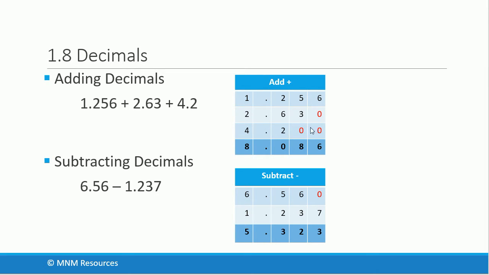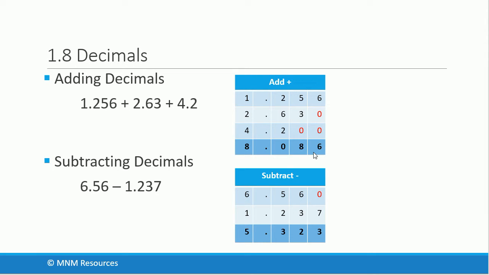So once you've lined these numbers up, it's very easy to add them. You have 6 plus 0 and 0 is 6, 5 plus 3 is 8, 2 plus 6 is 8, plus 2 is 10. You leave the 0 of the 10 and you carry the 1 over. 1 plus 2 is 3, 3 plus 4 is 7, 7 plus the 1 that we carried over gives you 8.